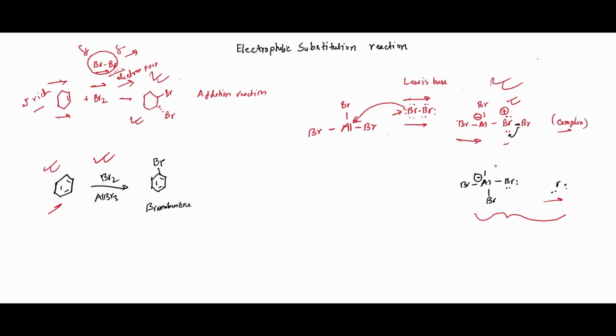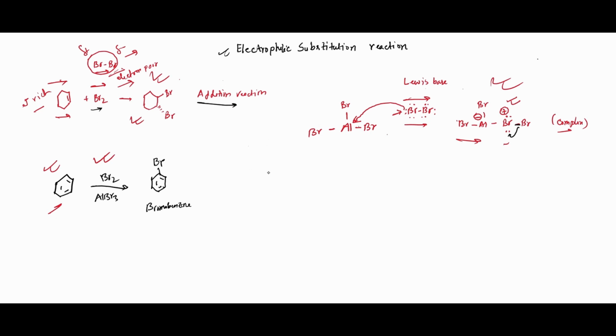So let me just get rid of this again, and let's talk about this halogenation reaction and why we call it an electrophilic substitution reaction, because you saw that we called it an addition reaction when we added the two bromine atoms across the double bond.